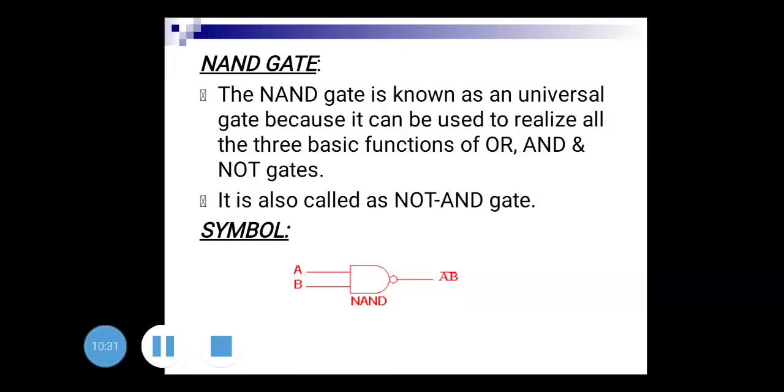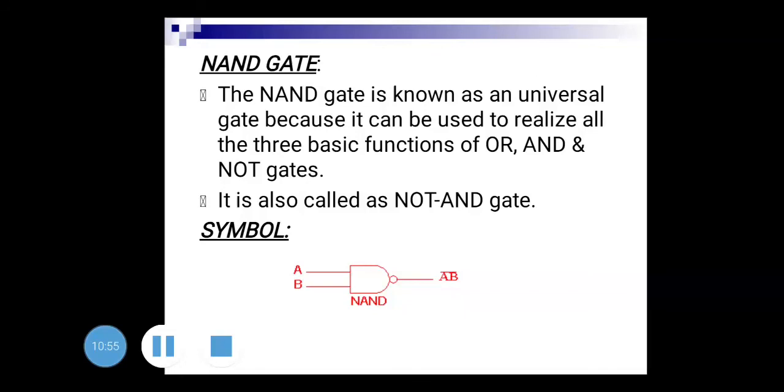Now the next gate we are going to see is NAND gate. It is called a universal gate. It comes in the category of universal gate. Now NAND gate is a universal gate, and NOR gate is also a universal gate. Why are they called universal gates? This is most important, because any digital circuit can be realized using NAND gate and NOR gate.